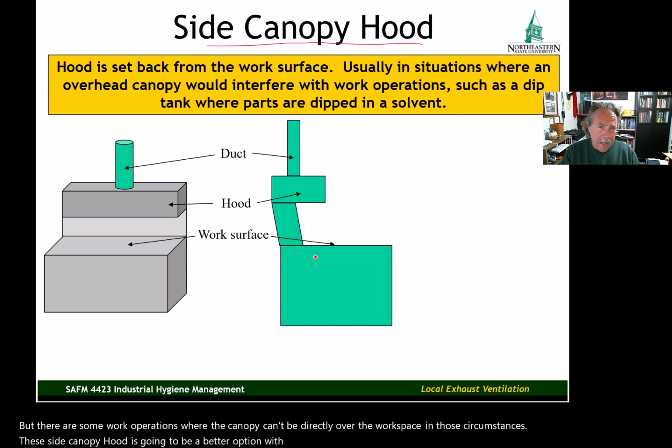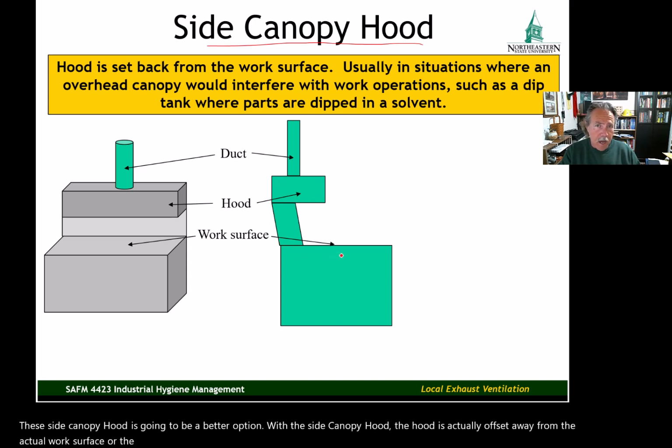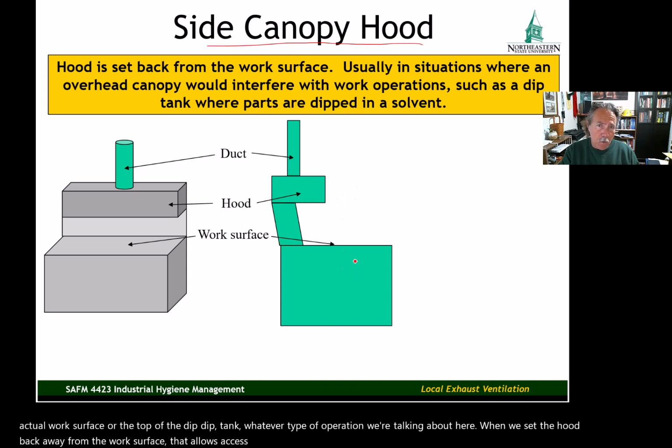With the side canopy hood, the hood is actually offset away from the actual work surface or the top of the dip tank, whatever type of operation we're talking about here. When we set the hood back away from the work surface, that allows access to the work surface or to the dip tank from above.